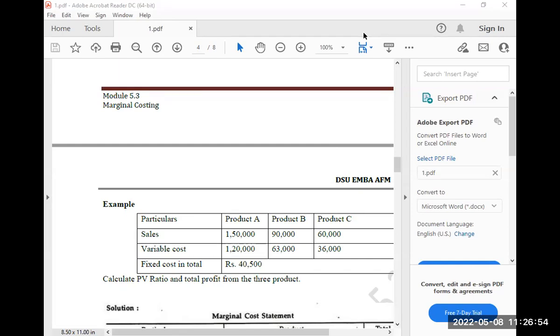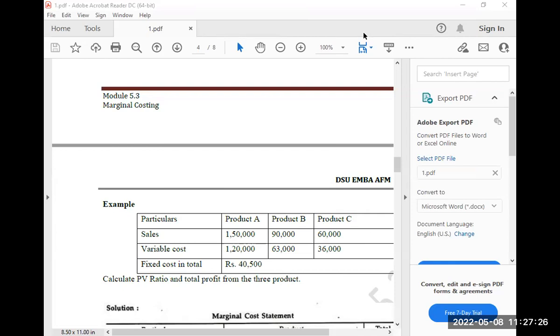That's a formula. Again, contribution is equal to sales minus variable cost. For the product A, contribution is 30,000. So PV ratio is equal to 30,000 divided by 1,50,000 into 100. That is equal to how much? 20% is the PV ratio for product A.